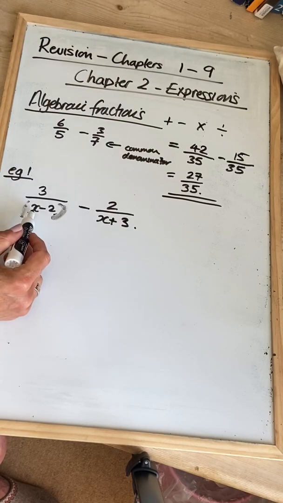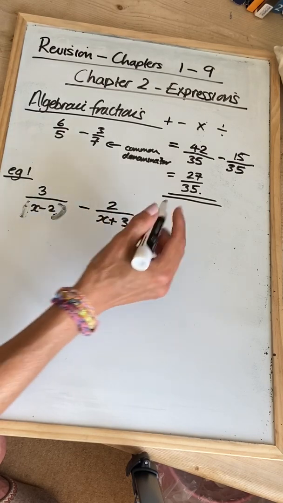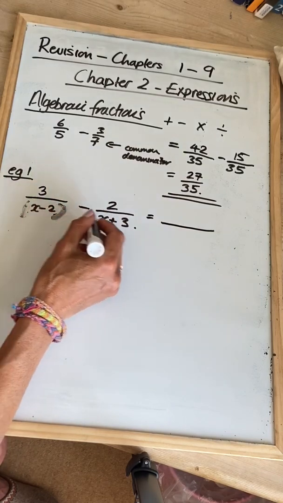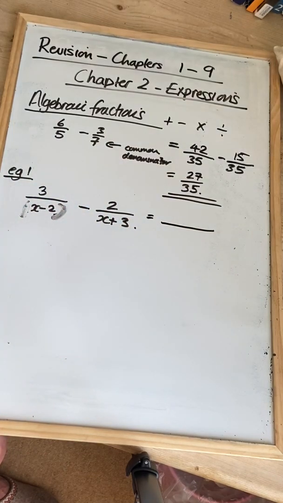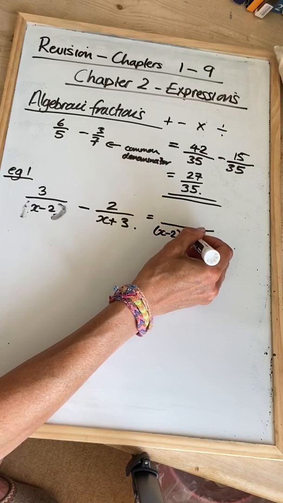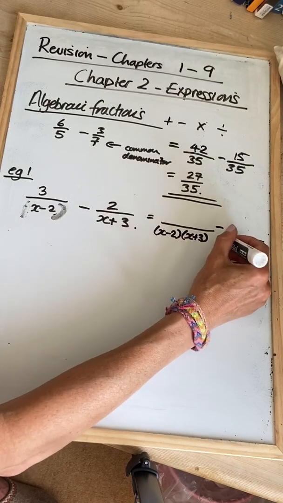So I said to myself, I haven't got the same denominator, so I need to give myself a common denominator. My common denominator is going to be these two expressions multiplied together. So x minus 2, x plus 3. That's going to be the same for both of my fractions.